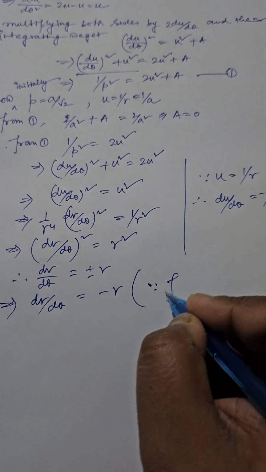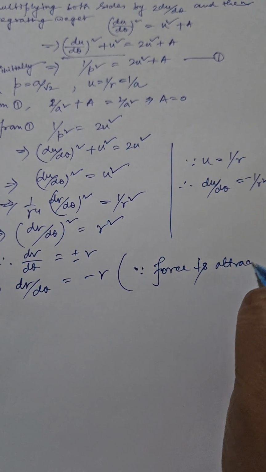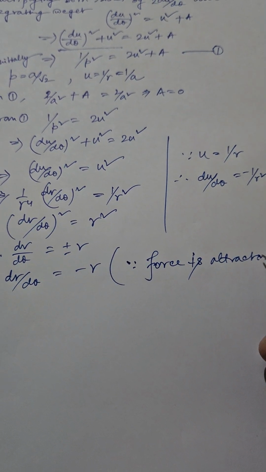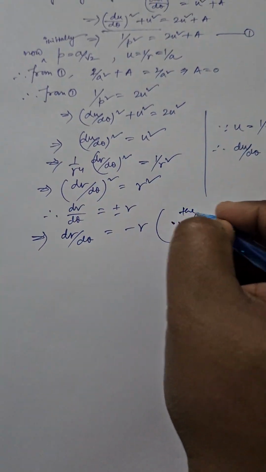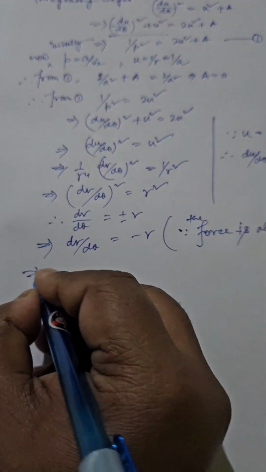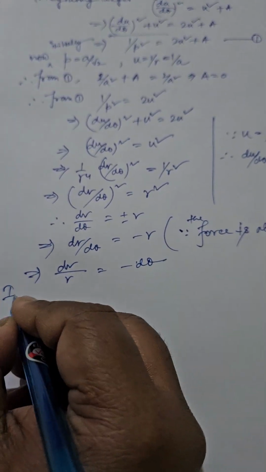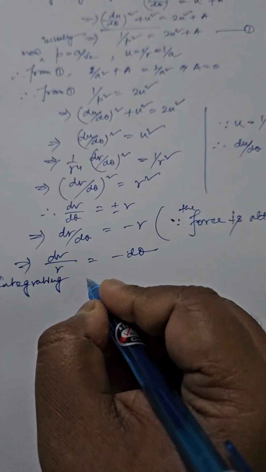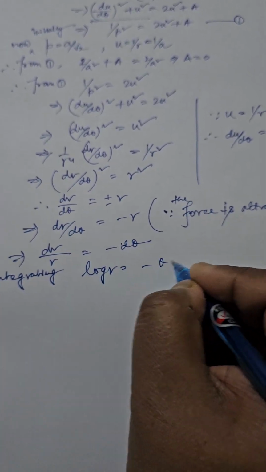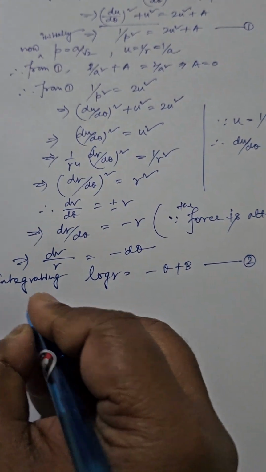So here you have to mention, since the force is attractive, so this will indicate dr by r equals minus d theta, in fact. So integrating, log r equals minus theta plus b, say this is equation 2.